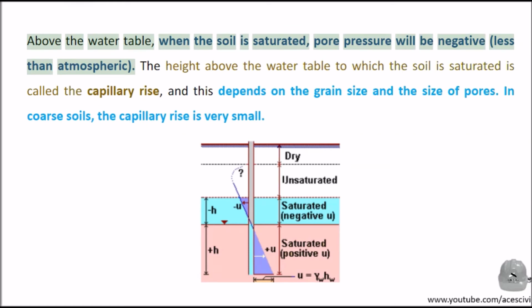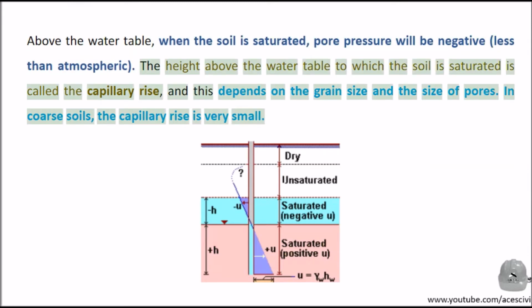Above the water table, when the soil is saturated, pore pressure will be negative, less than atmospheric. The height above the water table to which the soil is saturated is called the capillary rise, and this depends on the grain size and the size of pores.